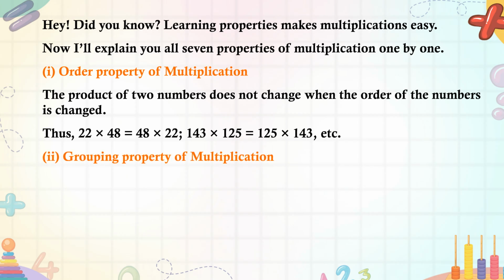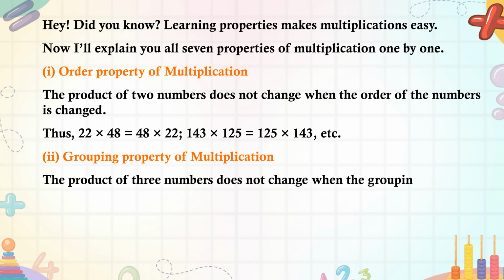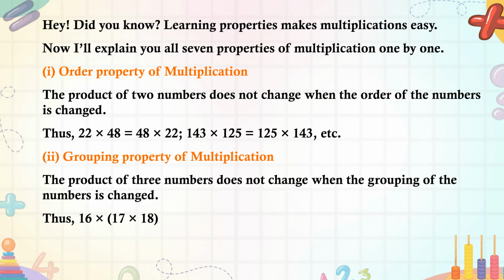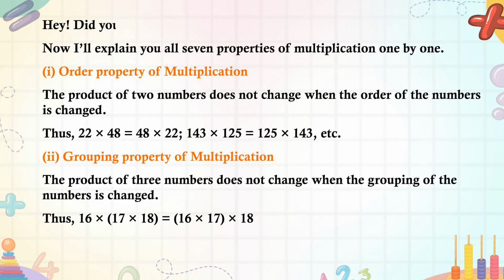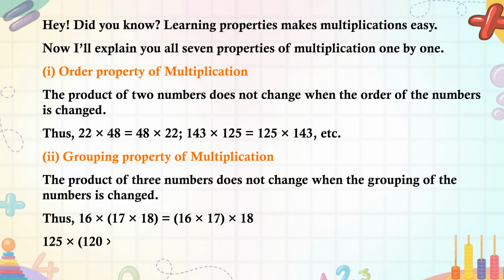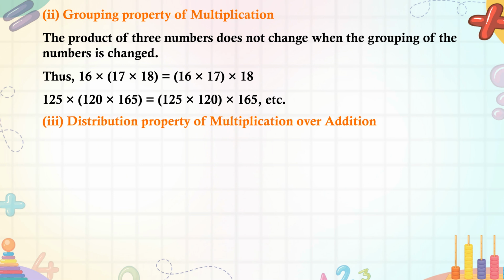2. Grouping property of multiplication. The product of three numbers does not change when the grouping of the numbers is changed. Thus, 16 multiply 17 multiply 18 is equal to 16 multiply 17 multiply 18. 125 multiply 120 multiply 165 is equal to 125 multiply 120 multiply 165, etc. 3.